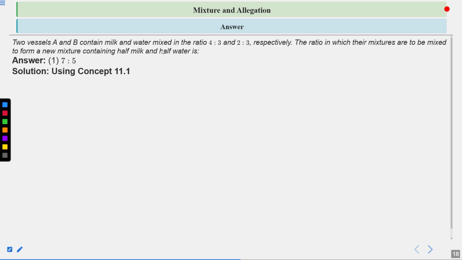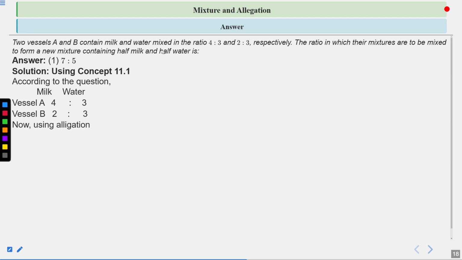Now see the detailed solution using concept 11.1 in this question. So according to the question, the ratio of milk and water in vessel A is given as 4:3 and vessel B contains 2:3.